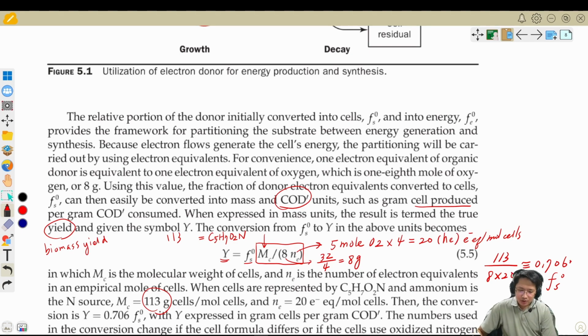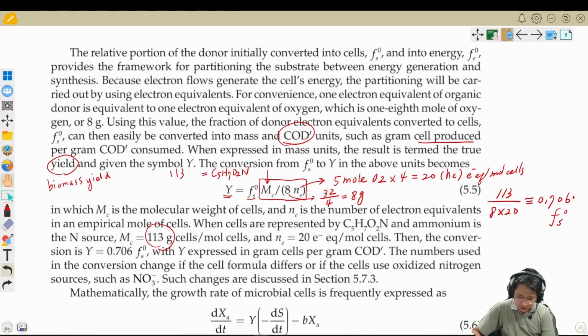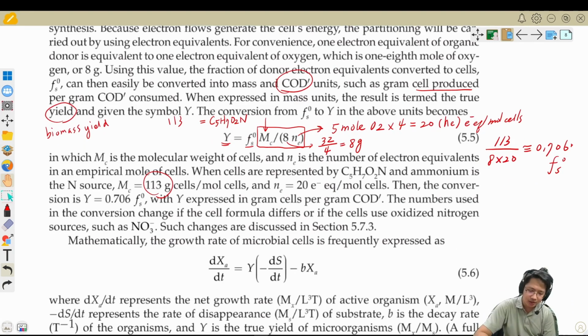So the true yield is generally used to describe how much microbial cell will grow within the biosystems, and we can calculate their growth rates directly using the differential equations.